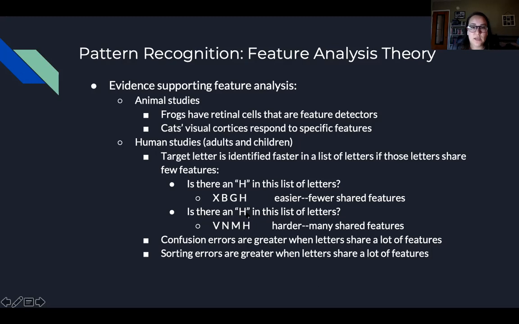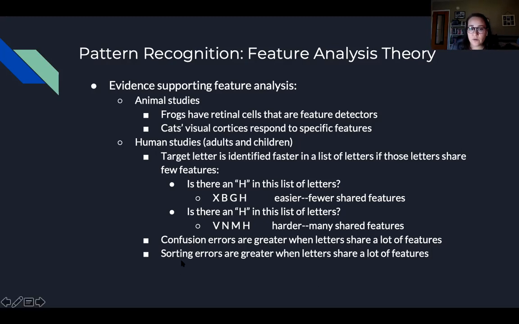For example, it has 2 vertical lines on either end. Well, so does M and N. And so it's a lot harder to pick that out. These confusion errors become greater when a lot of the features of the letters in the list are shared with the target letter, like I said.